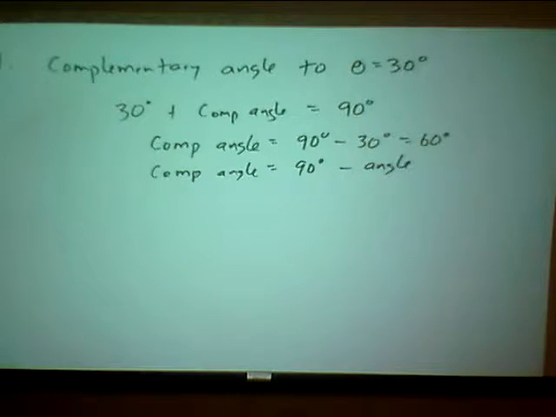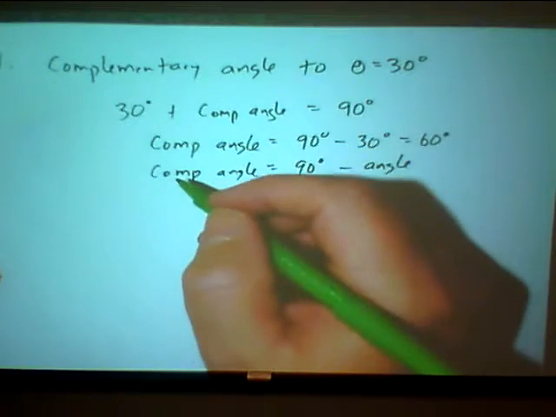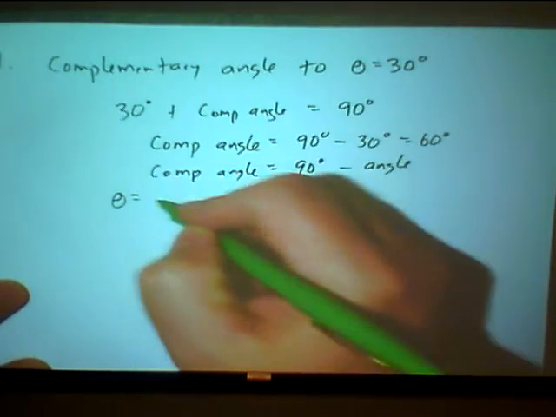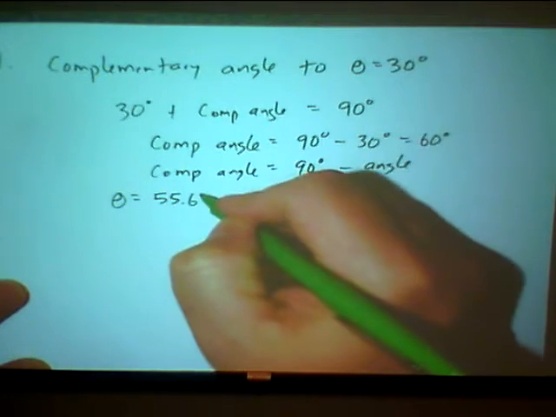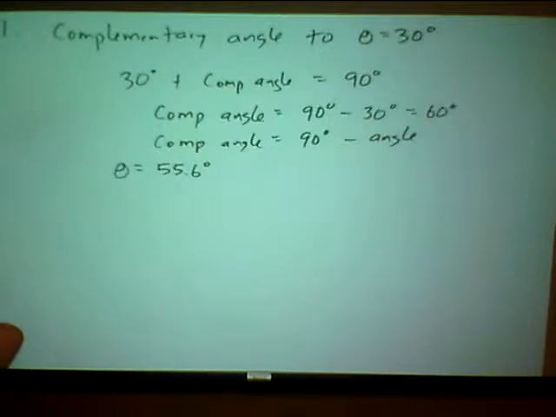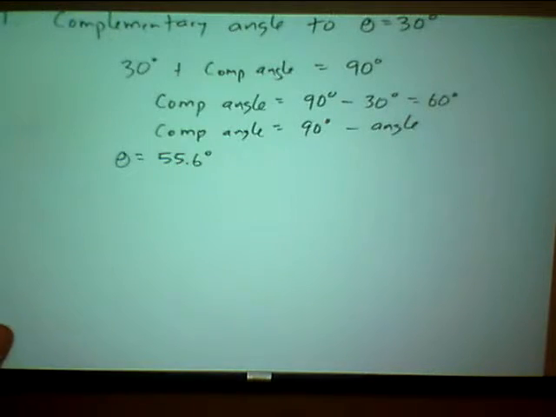Now I could make it just a little more difficult, although not that much. What if I said my original angle is 55.6 degrees? So now I have an angle written as a decimal, 55.6.